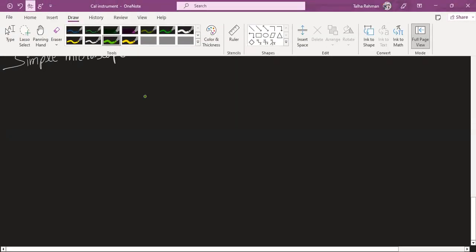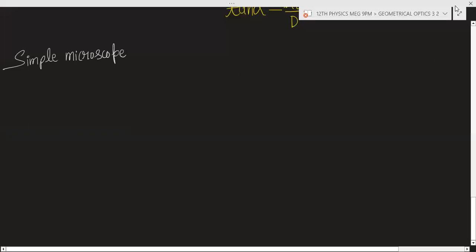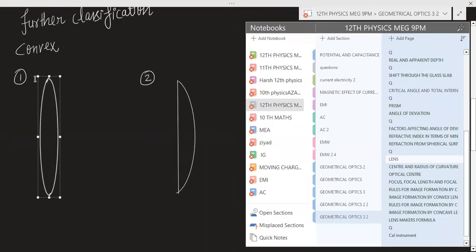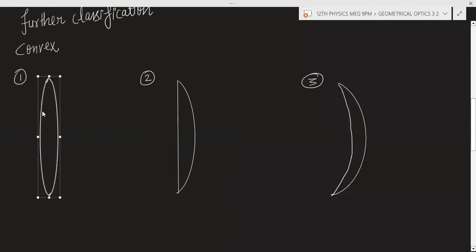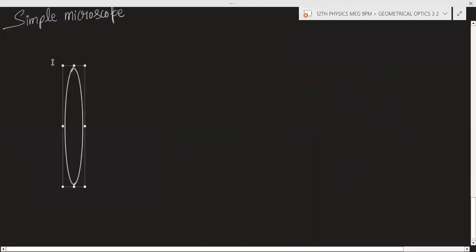So simple microscope is basically a convex lens.